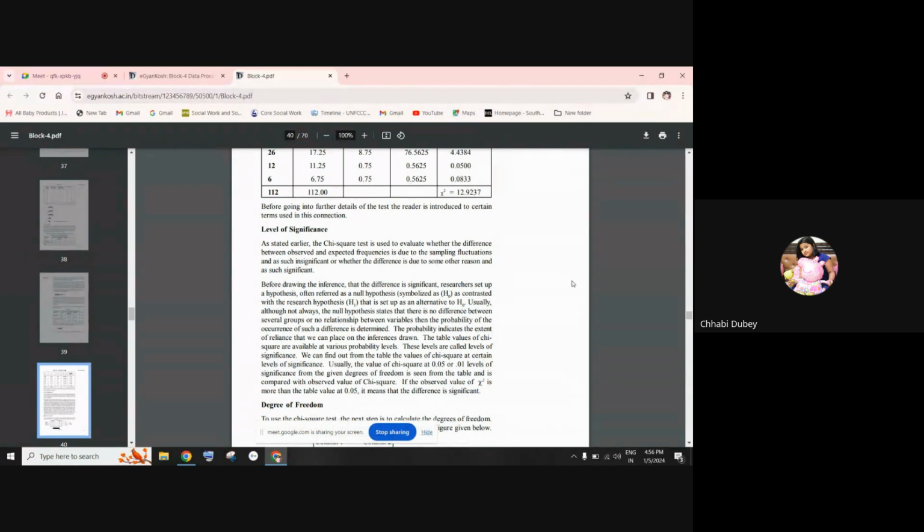The probability indicates the extent of reliance that we can place on the inferences drawn. So this is the level of significance, which can be calculated by drawing up a null hypothesis.